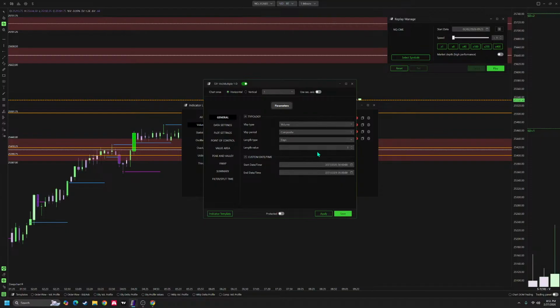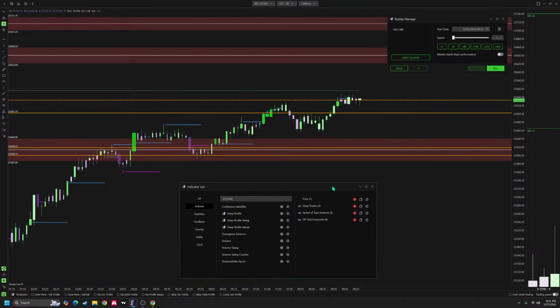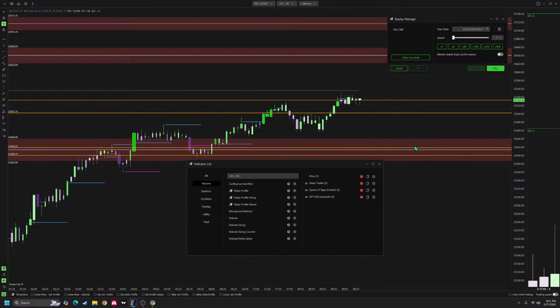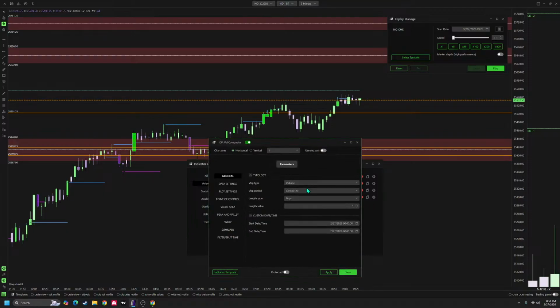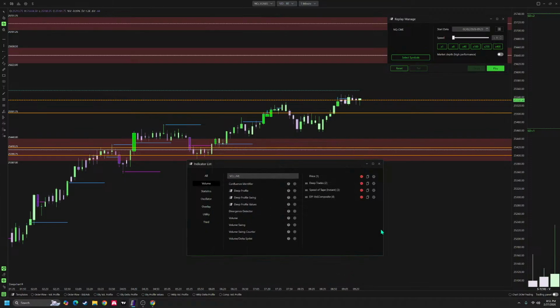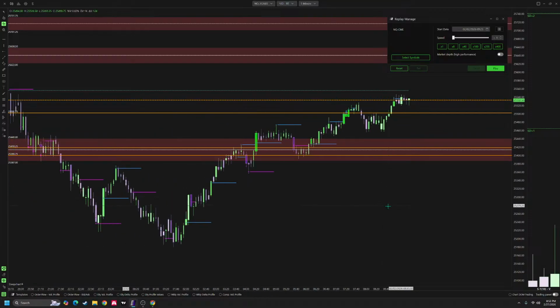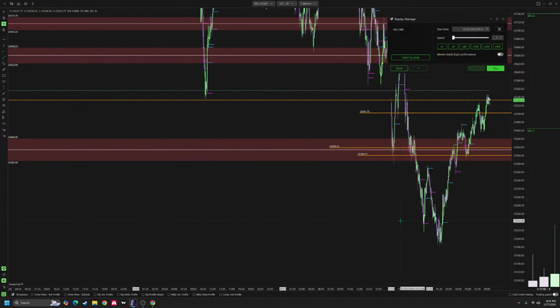Composite. I don't see it though. Where's it at? Volume composite. Where you at?